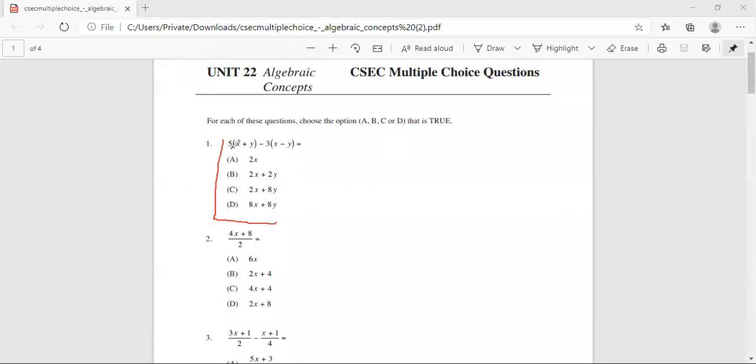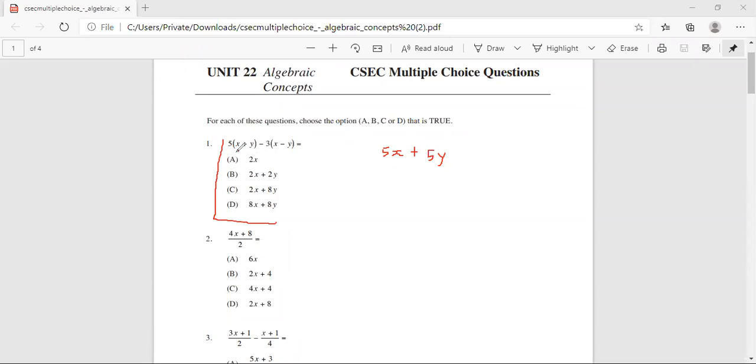So here is 5 multiplying by x and 5 also multiplying by y. See that? So we did multiplication. So it will be 5x. 5 times x is 5x. And 5 times y. Remember, it's a positive y, so it will be plus 5y.